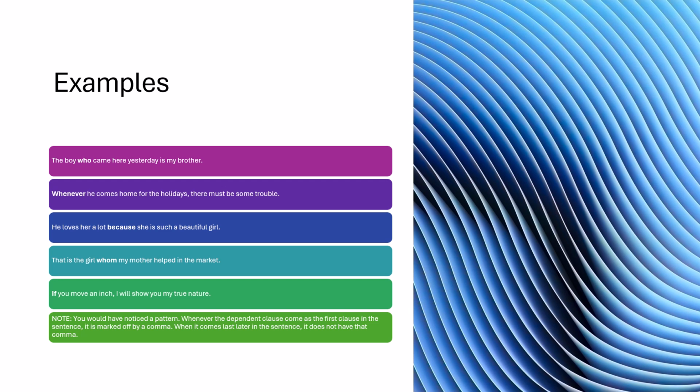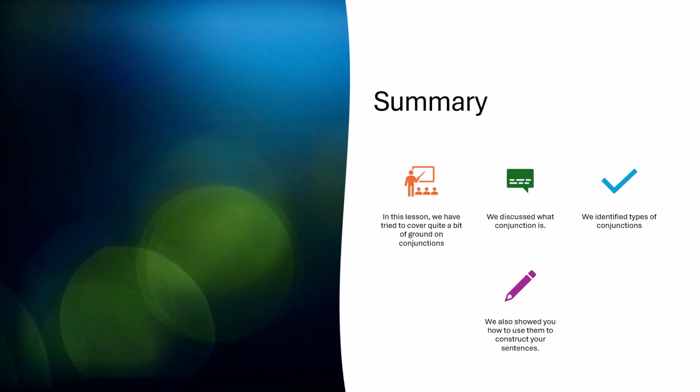So you see that example 2 has a comma. Then when you look at example 5, it also has the comma. So that's when you are having what we call preposed clauses. This forces you to put a comma to mark it off because it's staying in a position where it should not actually stay.